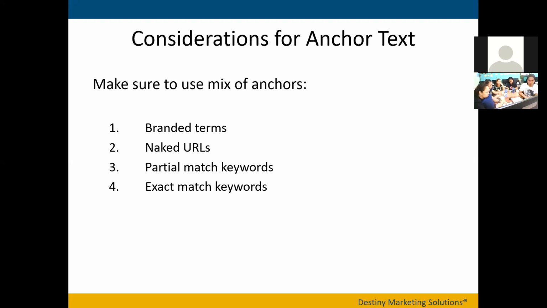Partial match keywords, so let's say if our primary keyword is New Orleans Brass Band or San Francisco New Orleans Brass Band, maybe a partial match keyword would be something like San Francisco New Orleans Wedding Brass Band. So, something that's related, but it's not the same as our exact match keyword. And then finally, our exact match would be our primary. So New Orleans or San Francisco New Orleans Brass Band.